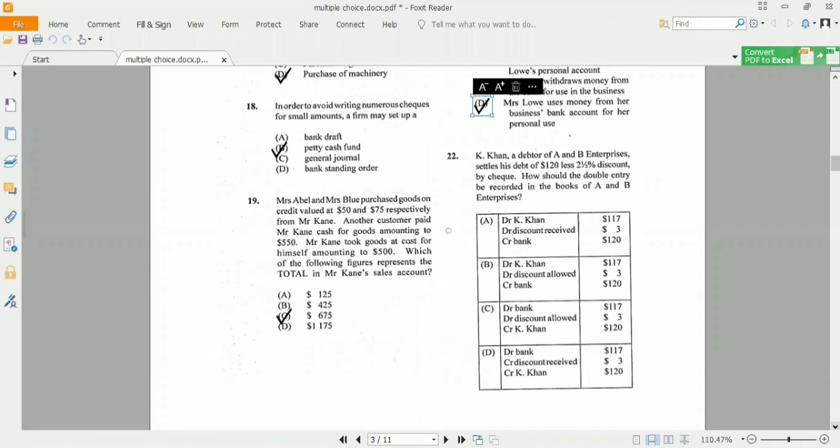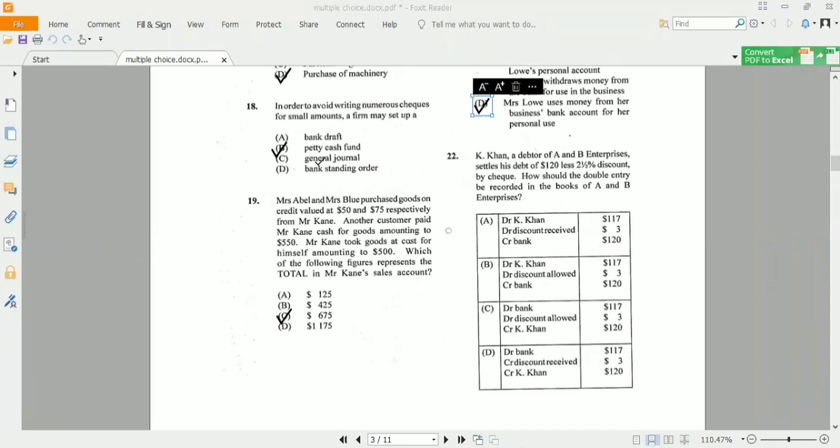But there's a discount of 2.5%. And you're asked to show how it would be recorded in A and B's accounting records. So if the debtor is paying, it means that A and B is receiving. So therefore, the response, let me check the chat right there.